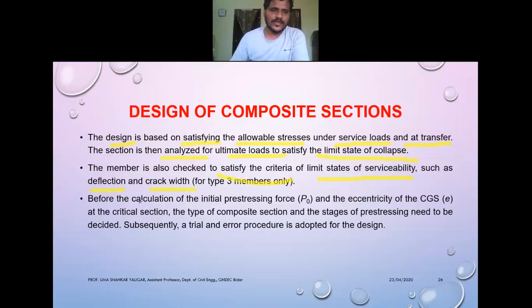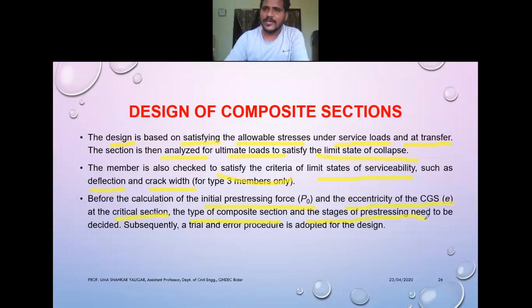Then, before the calculation of the initial pre-stressing force P naught and eccentricity, because whenever the design of the PSC beam comes, first we need to calculate how much pre-stressing force we need to apply, what is the initial pre-stressing force, and also what is the eccentricity of the steel cable. But before the calculation of these two values at the critical section, we need to decide the type of the section and also the stages of pre-stressing, because we have seen in the previous session the different types of composite section.